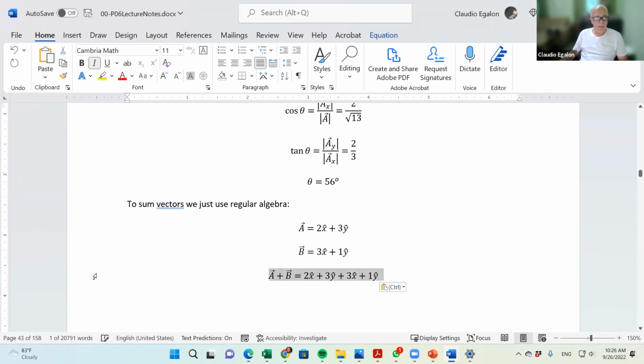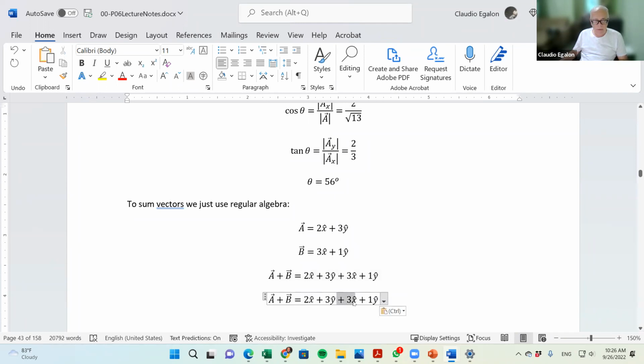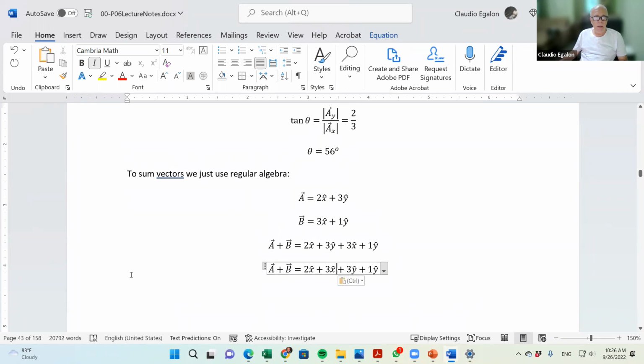Okay, what do we do next? We factor everything that's x next to each other, and everything that's y next to each other as well. First commute, right? And then you factor. Here you go. Now I'm going to do the factoring.